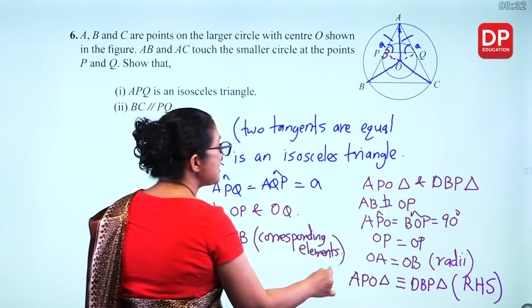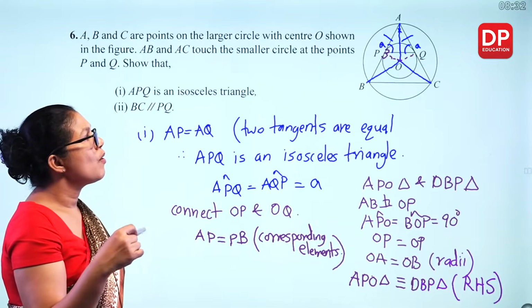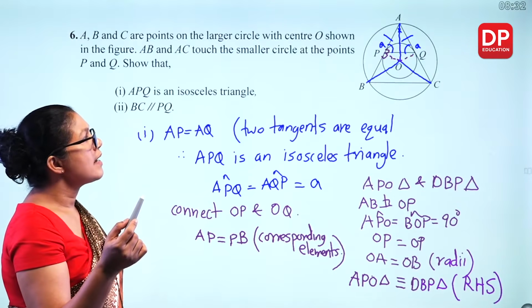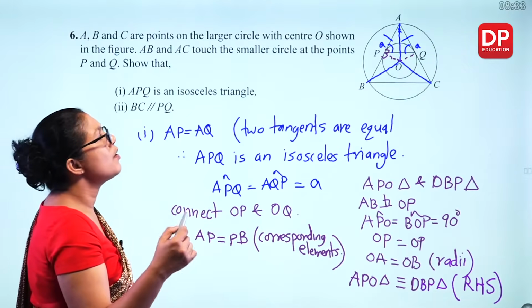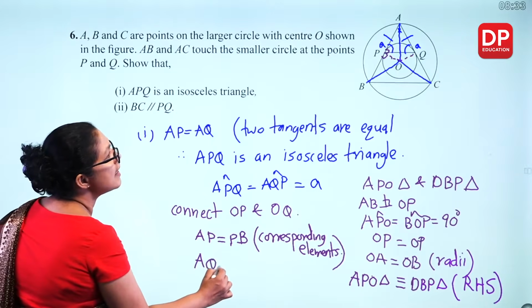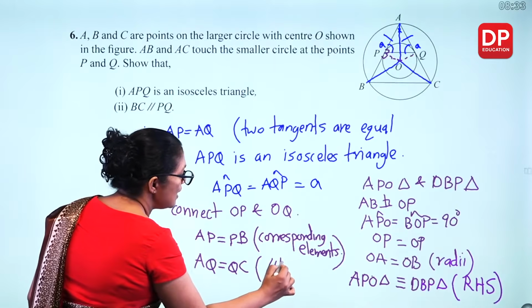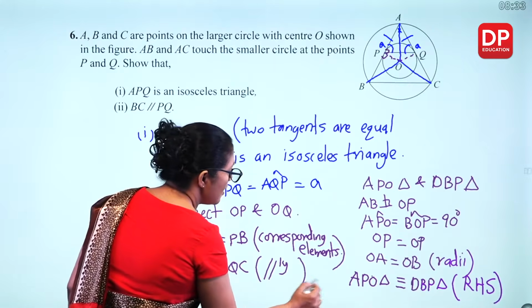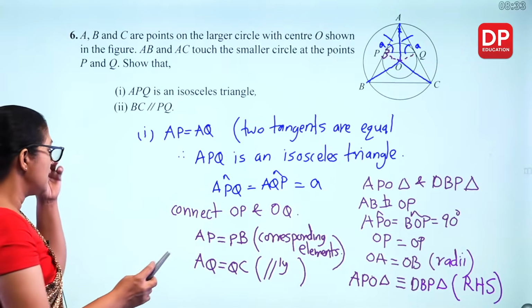We can show the same thing on the other side. When you take AOQ triangle and QOC triangle, we can show that AQ is equal to QC. I'll write down similarly, AQ equals QC. Similarly, showing that these two triangles are congruent.